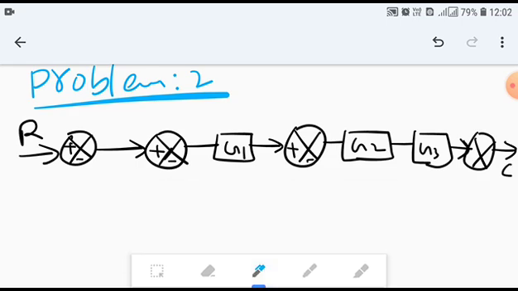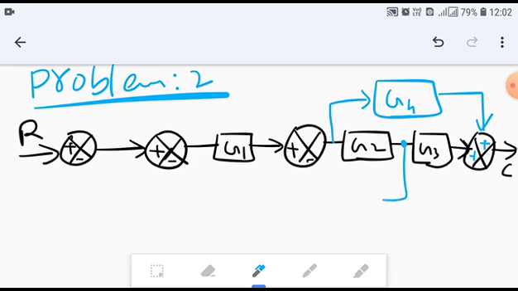So between G2 and the summing point we have G4 block, which is given to the last summing point here. Here it is plus and plus. Okay, and then between G2 and G3 also we have a break point, or it is called a take off point.